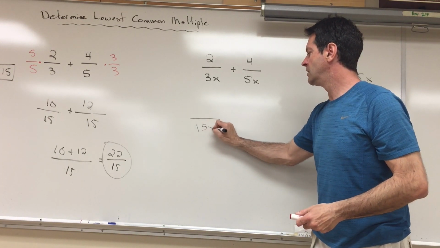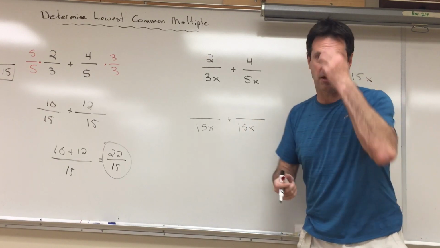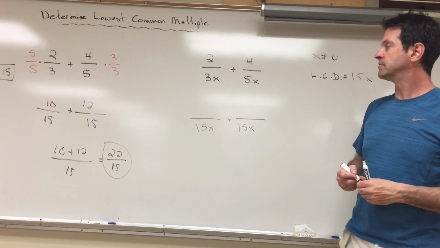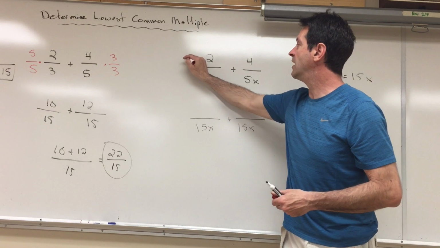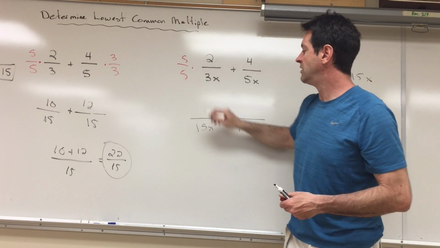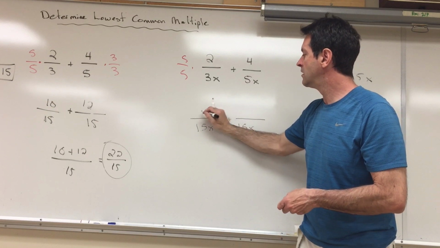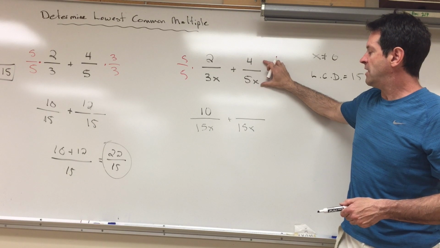All right. Rewrite each as a fraction with a common denominator of 15x. Well, what do we got to multiply to 3x to get to 15x? Times 5 over 5. 5 times 2 is 10. And what do we have to multiply to 5x to get to 15x?